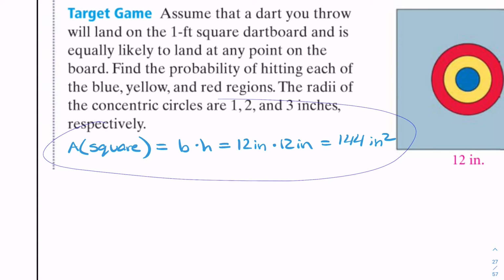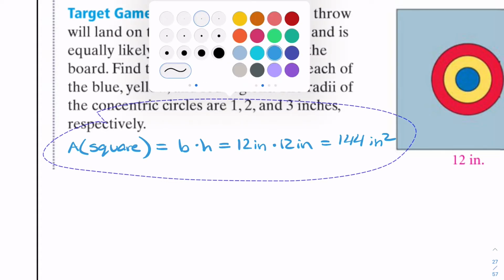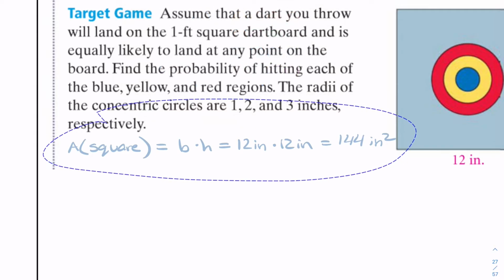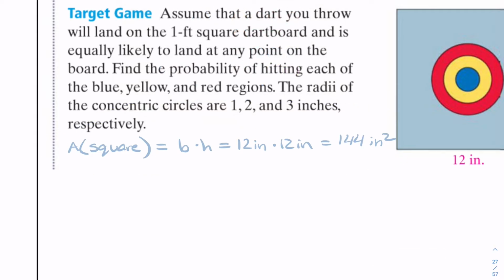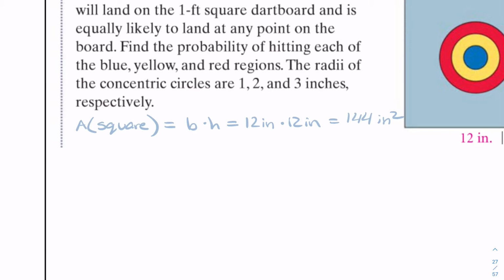So the next one I'll do is the center blue one. Let me change this to a different color so it kind of matches the square there. So now I'm going to find the area of the blue circle, assuming it's full. The area of the blue circle is going to be pi r squared, because that's the area of a circle.